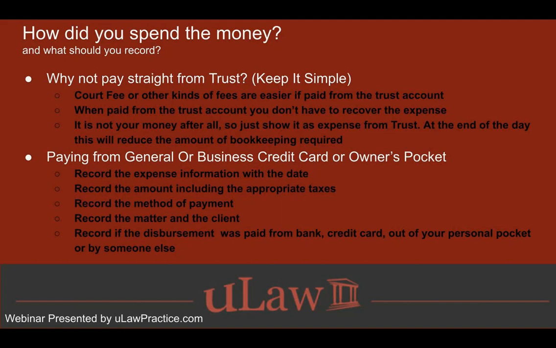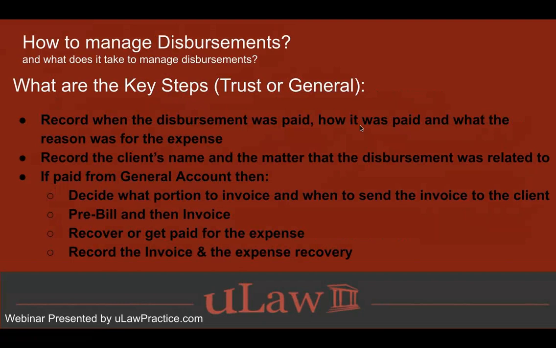If it is going from your general, what we discussed in the previous slide, about the portion that you're going to charge your client and the portion that you're going to report as an expense, needs to be determined the first time, so that you are not recording two different amounts, where what is seen in your bank is different from what is seen in your invoice. Making sure everything is aligned is highly recommended at this point in time.